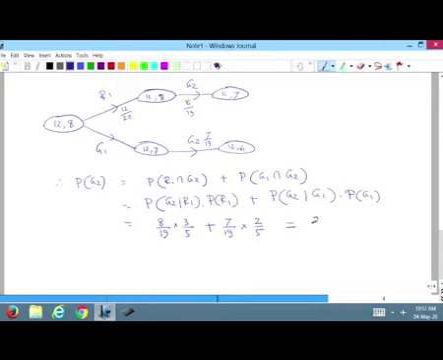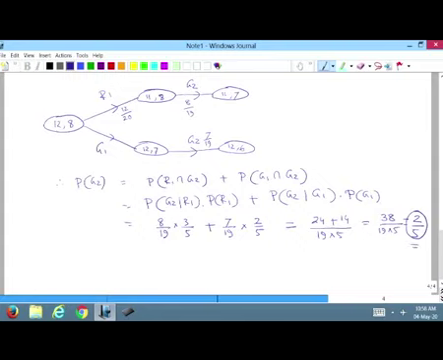is equal to (24 plus 14) upon 19 into 5, which is 38 upon 19 into 5, which is equal to 2 upon 5. So, that is a bit new result.